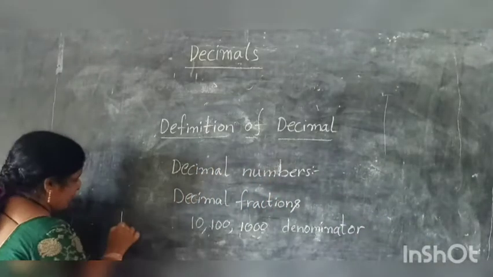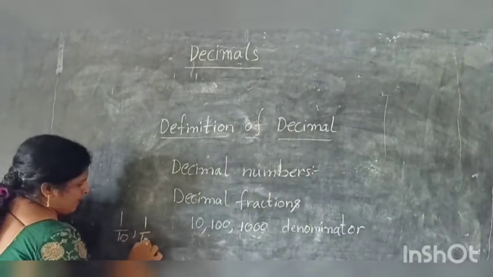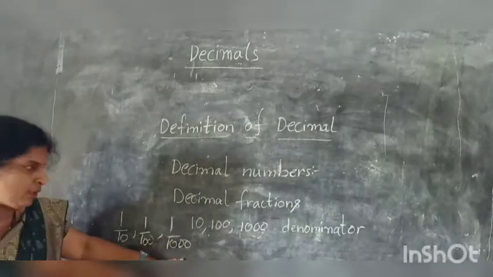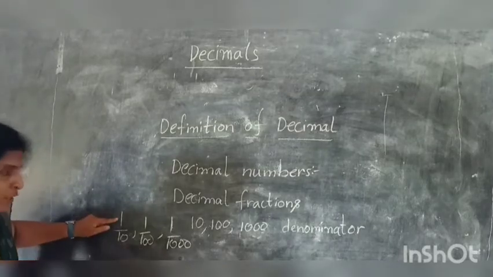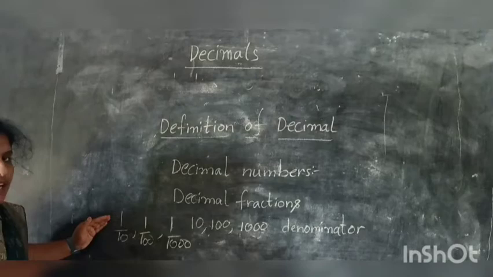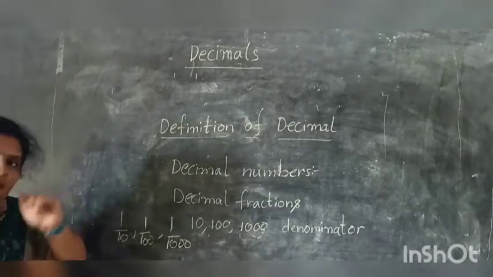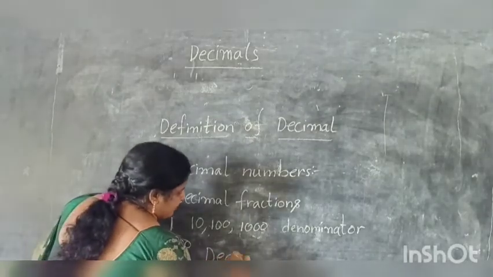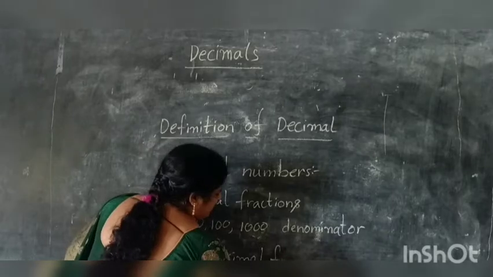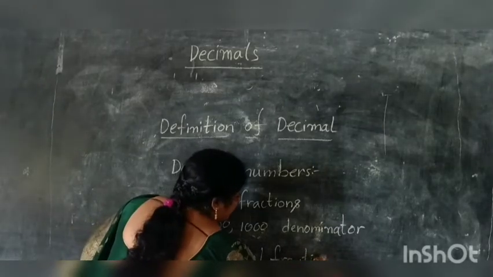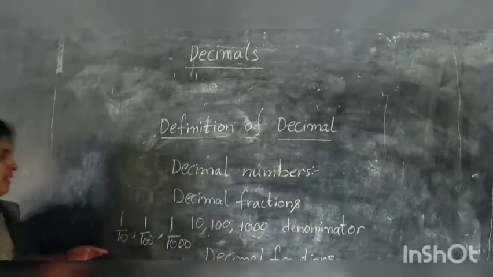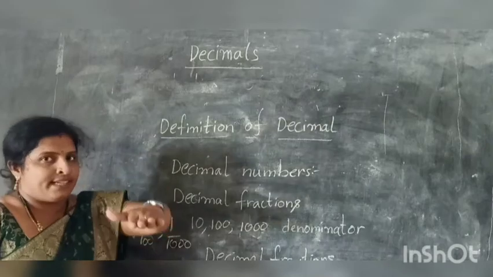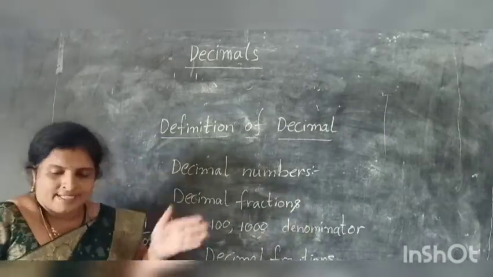That means 1 by 10, 1 by 100, 1 by 1000. This is the numerator, this is the denominator. This type of fraction is called a decimal fraction. These are also decimal numbers. Decimal fractions means fractions with 10, 100, 1000 in the denominators are called decimal fractions. Okay.